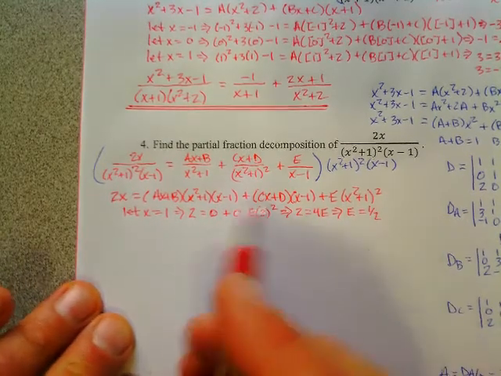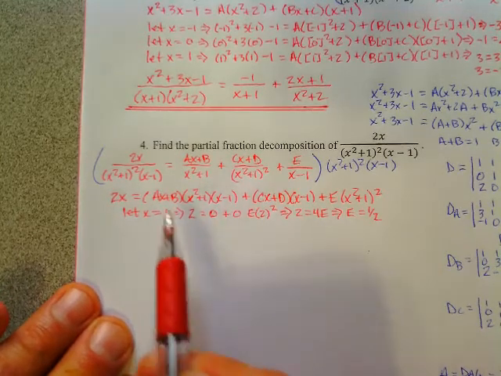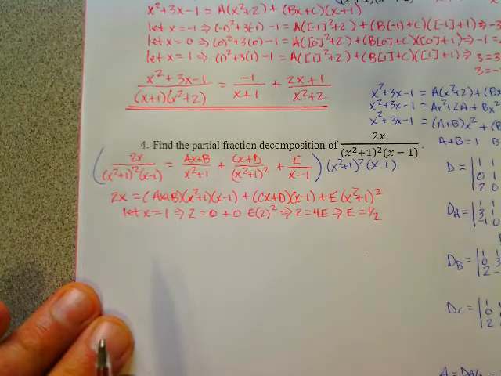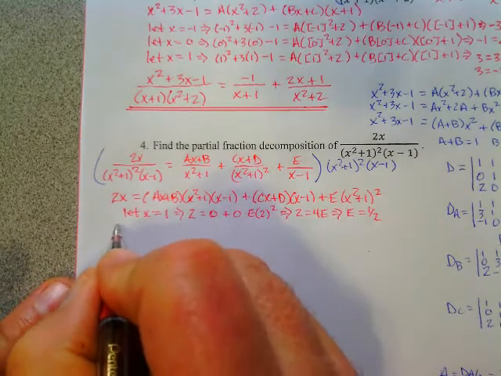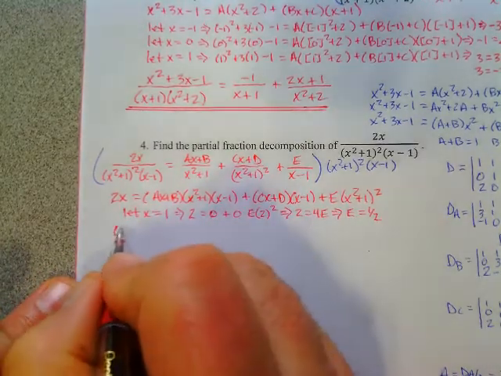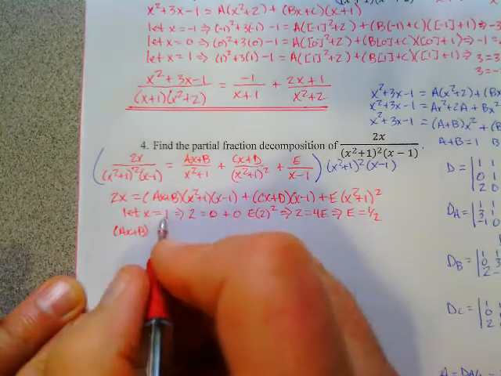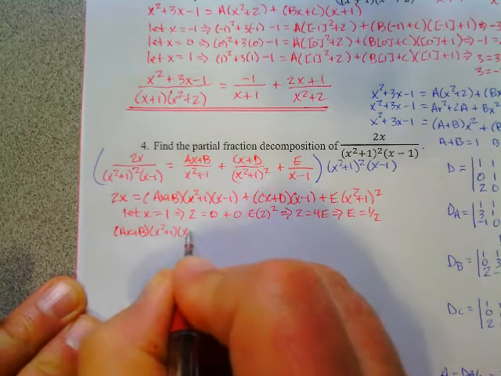Now we're going to do some expansion here of all these terms to see what things would be. So first off, let's do the ax plus b times the x squared plus 1 times the x minus 1.